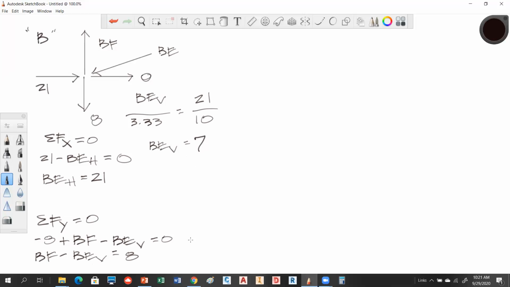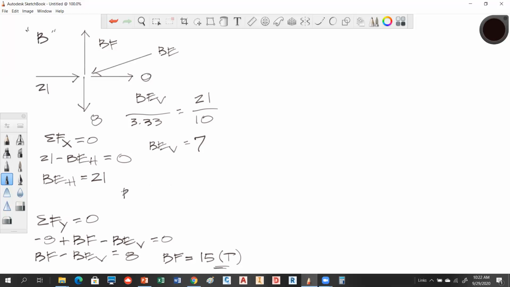What does that tell us about BF now? What do we get? Plug a 7 in here. -7 comes over as a +7, so that tells us BF is 15. We indicated tension. It's a positive number, so this tells me, yeah, it's tension.